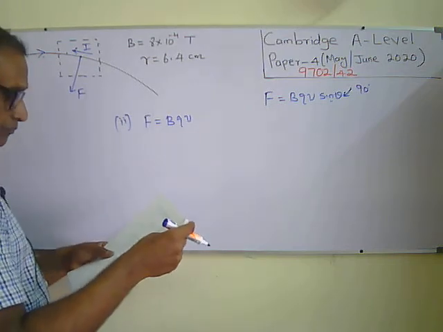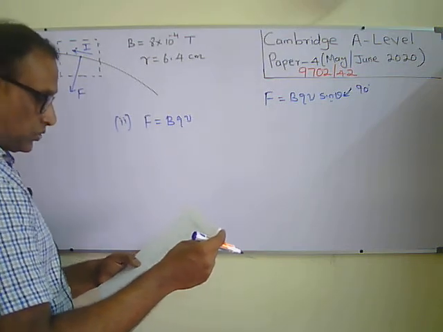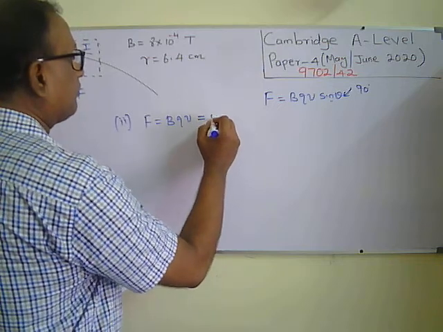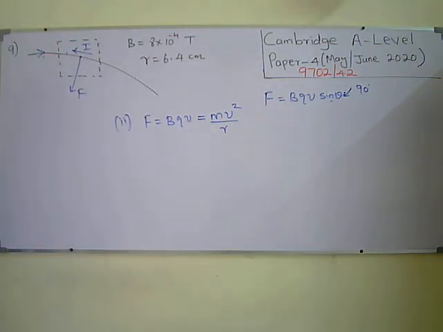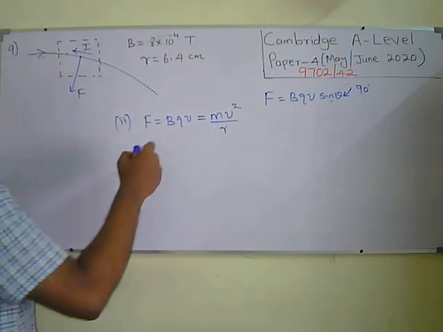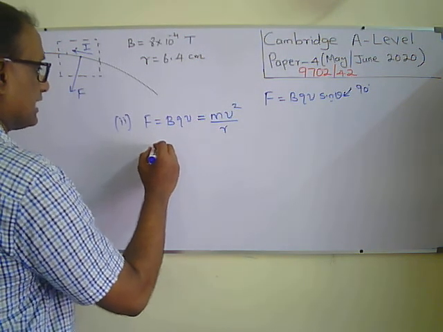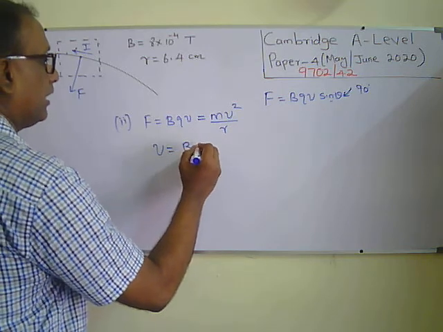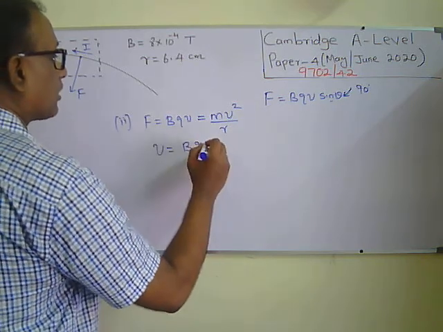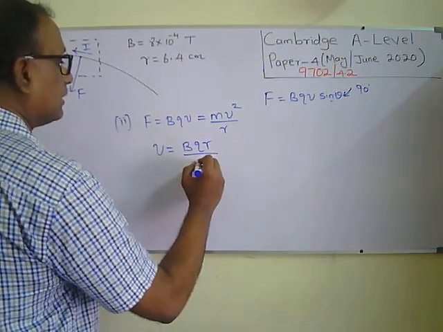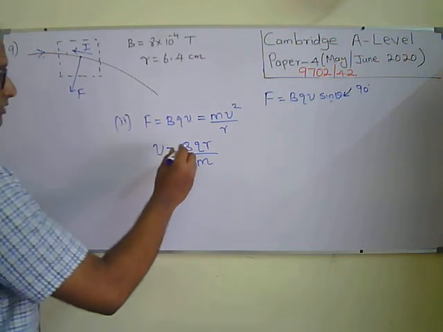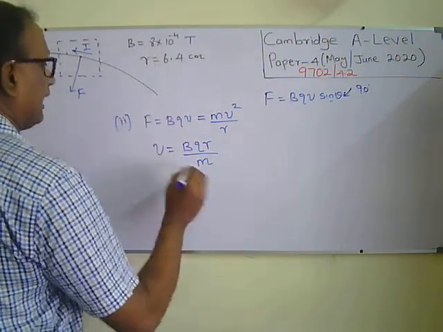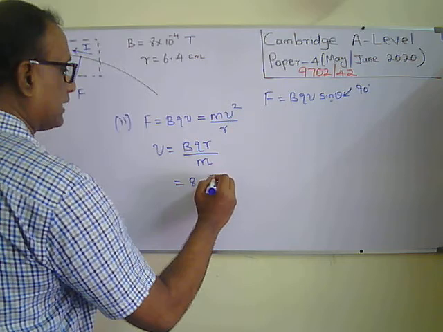And that is going to be mv squared over r, which I already told is going to be the centripetal force. So they asked to find the speed. So we can say speed is equal to BQr over m. Speed is the question. So BQr over m. So magnetic field strength is given 8 into 10 to the power minus 4.